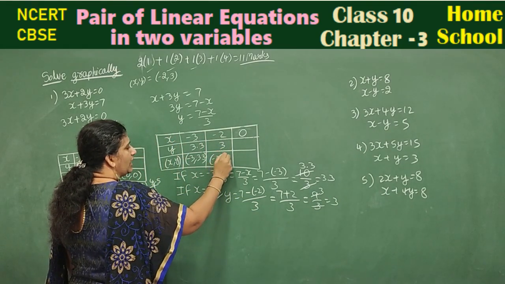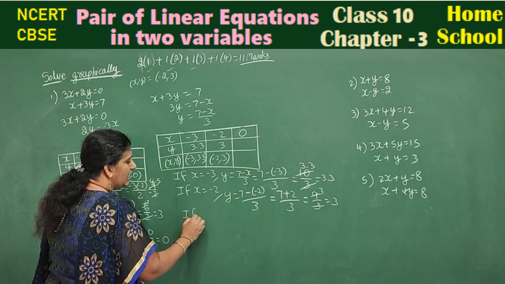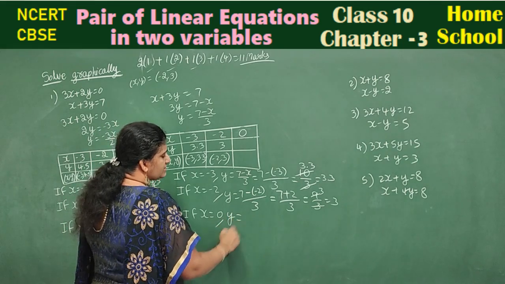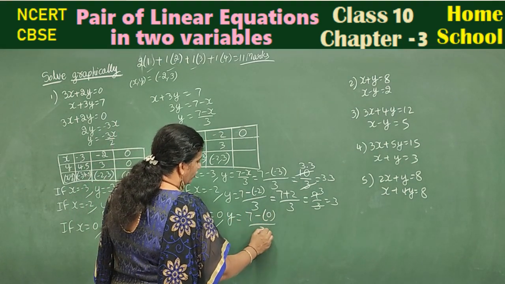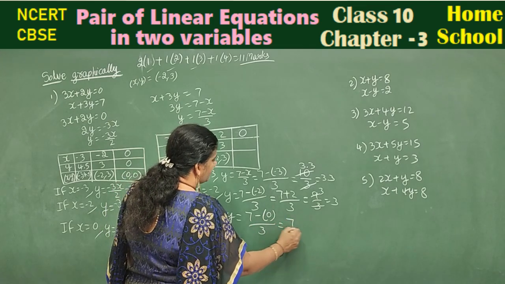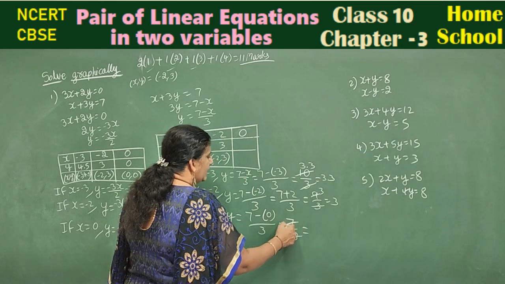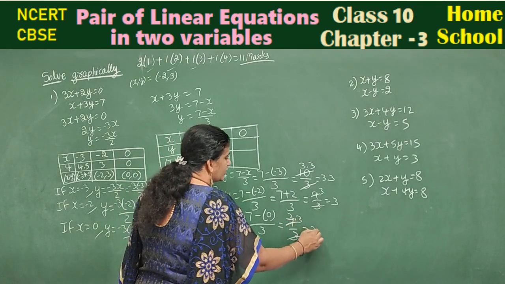Minus 2 comma 3. Same manner, if x is equal to 0, y is equal to 7 minus of 0 by 3. That will be 7 by 3, that will be 2.3.